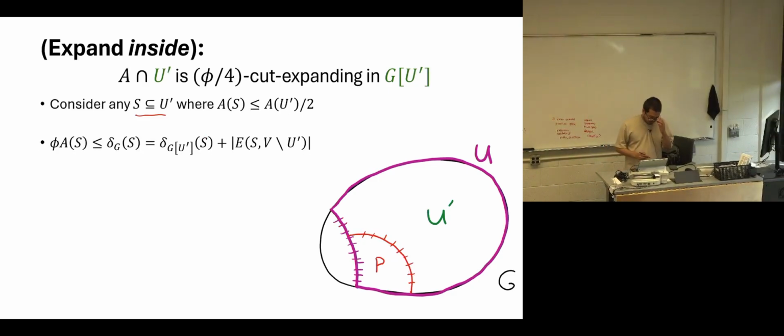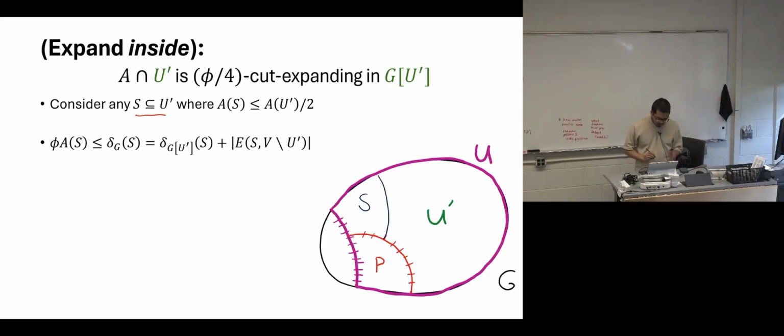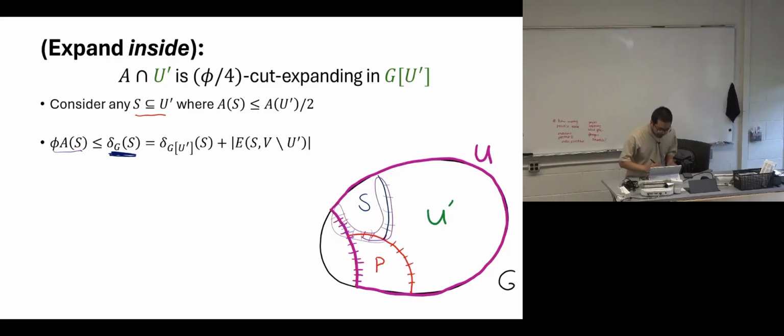Okay, so what do we have? Suppose I consider any set S here. We know that the cut size of S is big compared to the node weighting of S. When you count everything here, this is quite big.